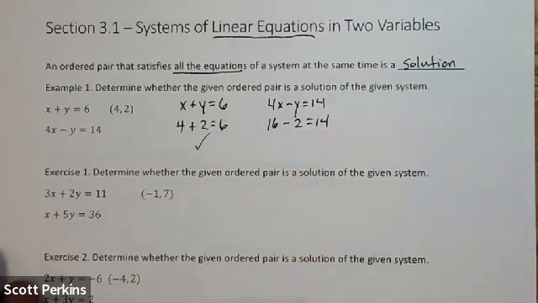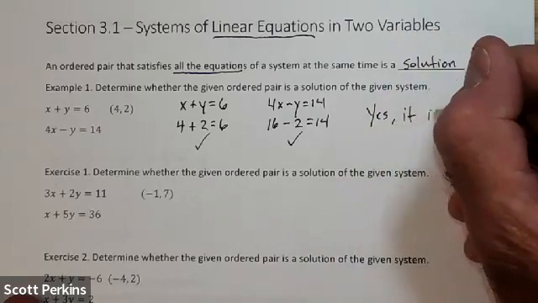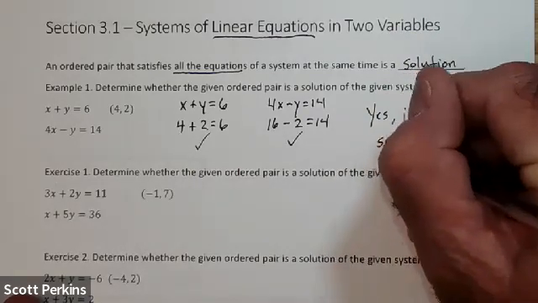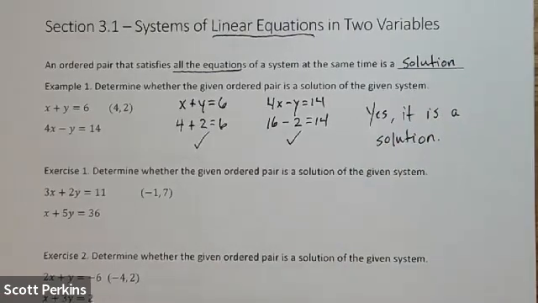Is 16 minus 2 equal to 14? Is that a true statement? Yes. So does the point 4, 2 satisfy both equations? Yes, so it is a solution. A solution satisfies both equations of the system.